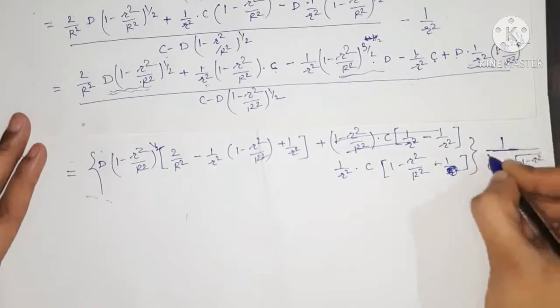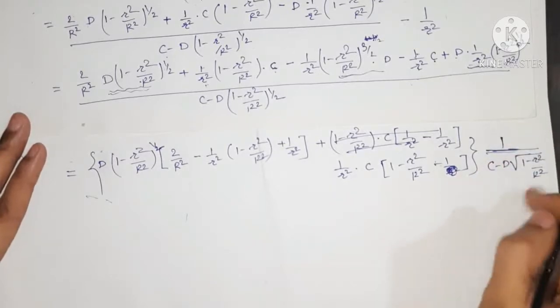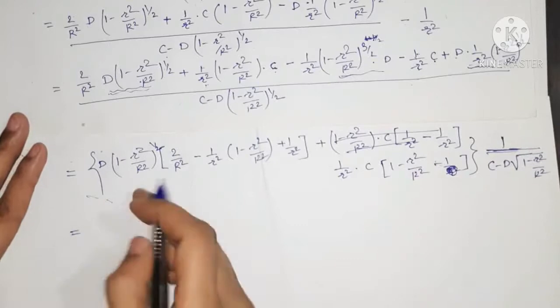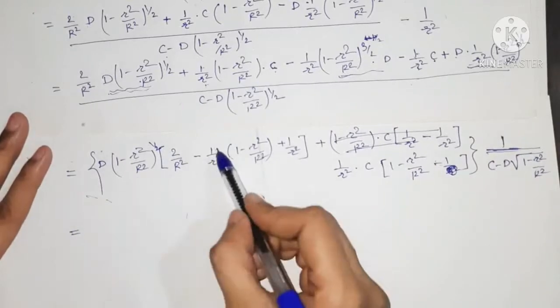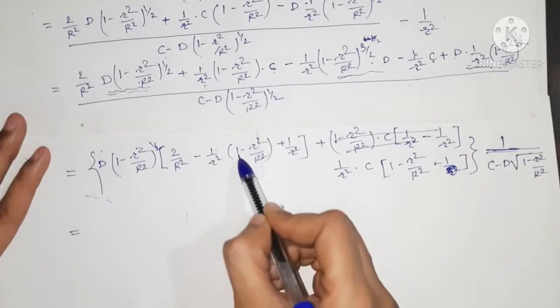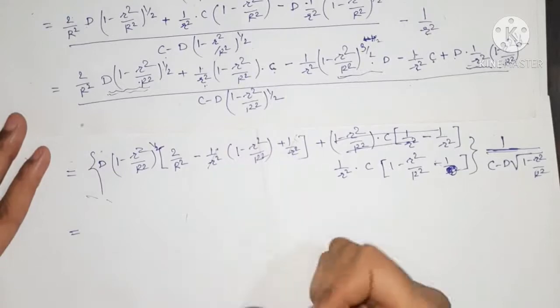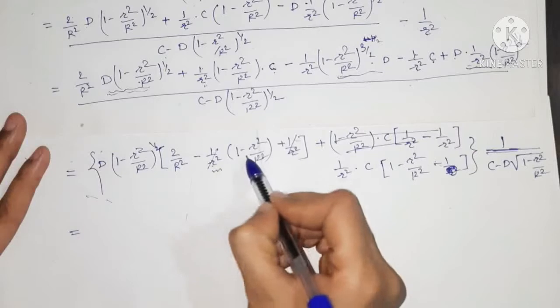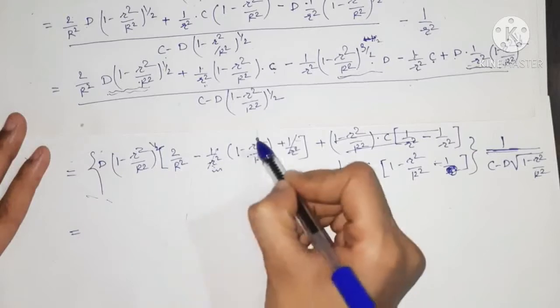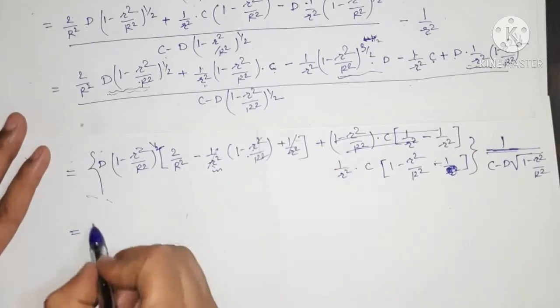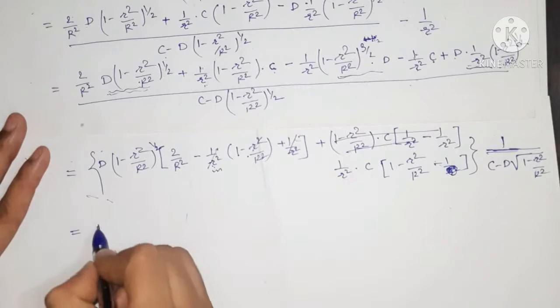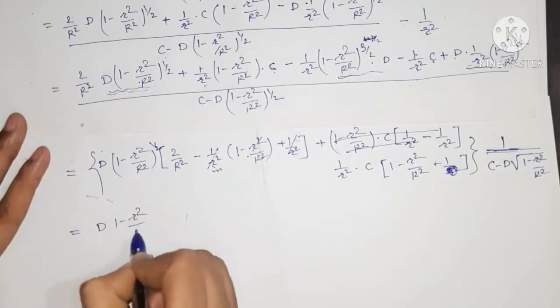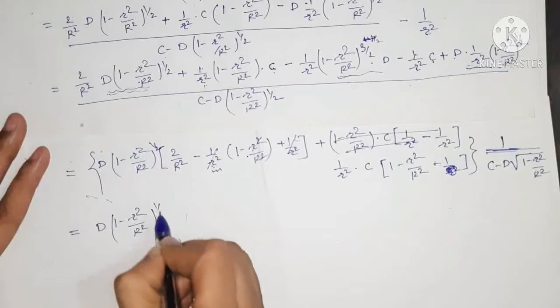Okay, so we are writing 1 upon this term, that is equals to, now this minus 1 upon r square gets multiplied to 1, then this minus 1 upon r square gets cancelled with 1 upon r square, and this r square when multiplied to inside the bracket, this r square gets cancelled with this. Okay, so we have here d into (1 minus r square upon capital R square) whole to the power half.